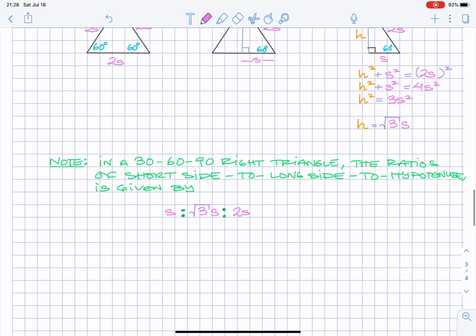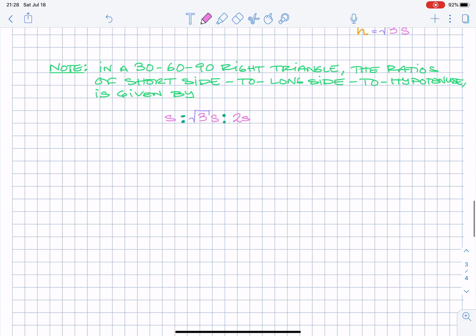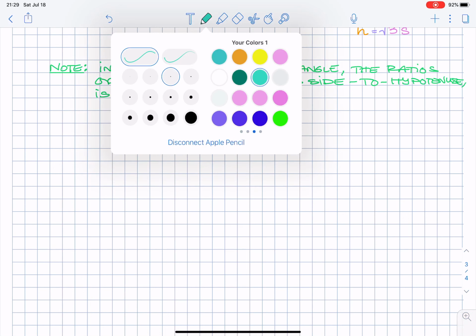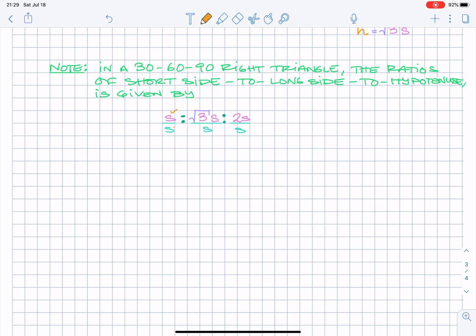But of course I'm going to divide each of these by s, because s is in the way here. Let's divide each part of this ratio by s, which is a random variable, so s over s reduces to 1. So this ratio becomes 1.